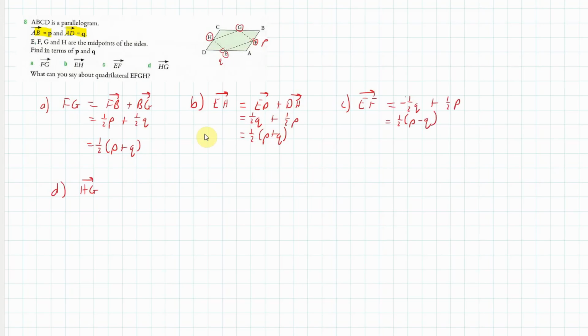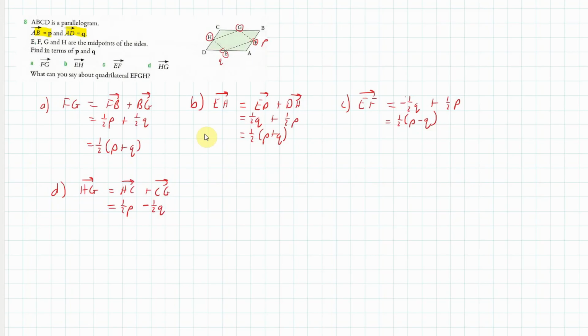What is HG? Now HG is going to be equal to H to C plus C to G, and HC is half of P, and we're going against the Q arrow, so it's going to be minus half Q there.